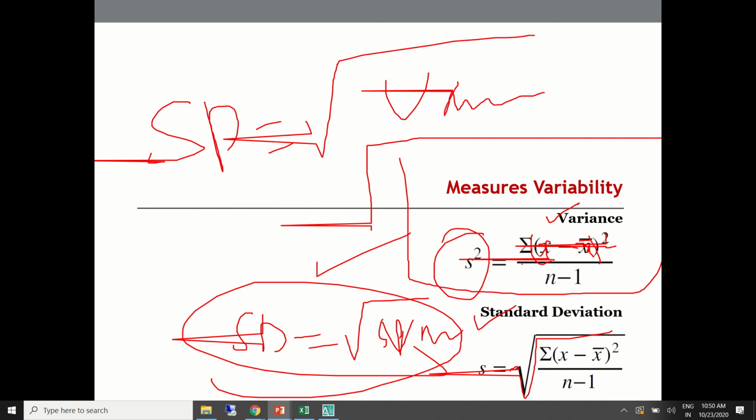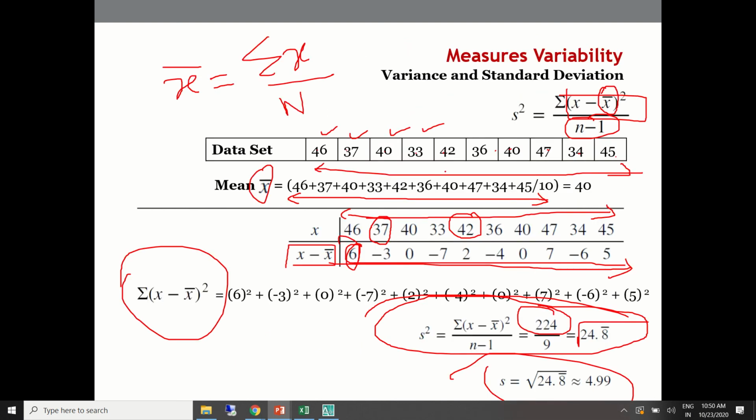What is the implication of this? How do we understand this? It is important because it will help us know how the data is varying within the spread.